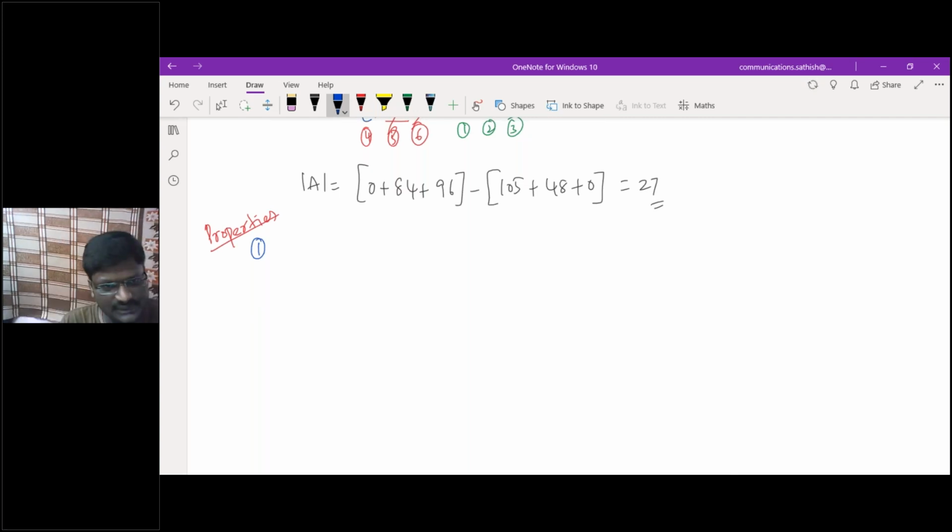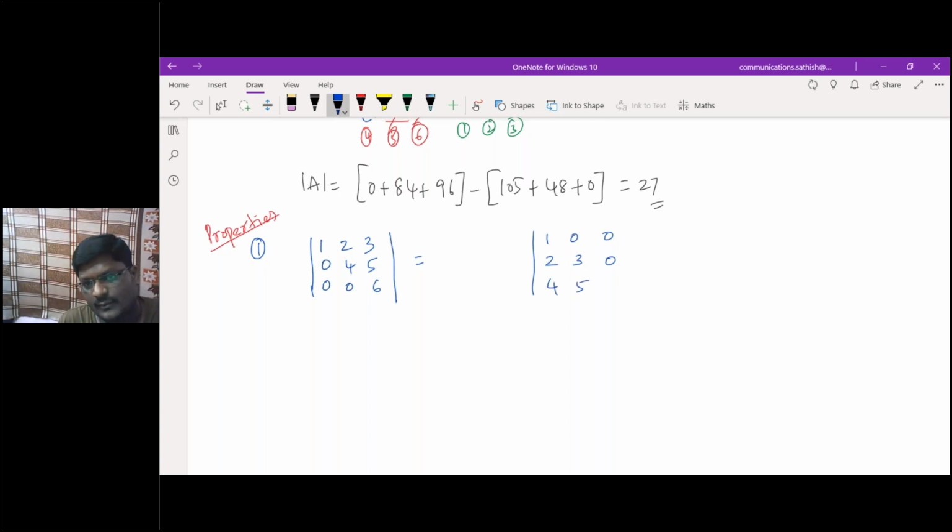What I will do is, can you calculate the determinant for these following matrices?